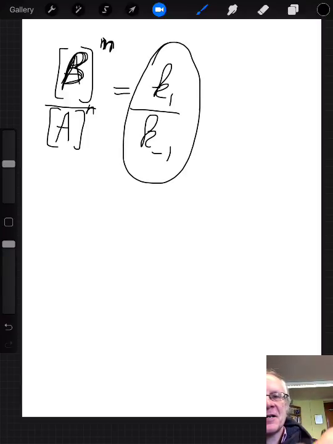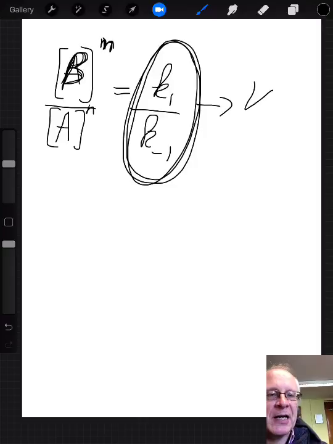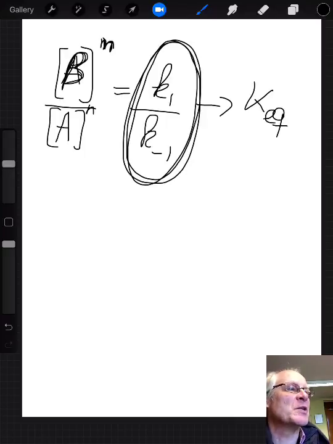This thing here is combined, and it is usually called K eq. It's the equilibrium constant. This is actually the definition of the equilibrium constant.